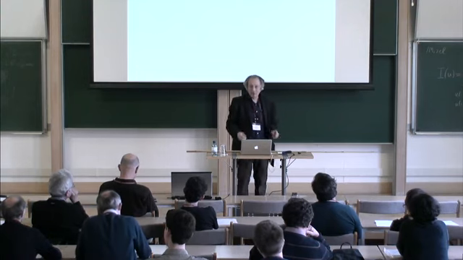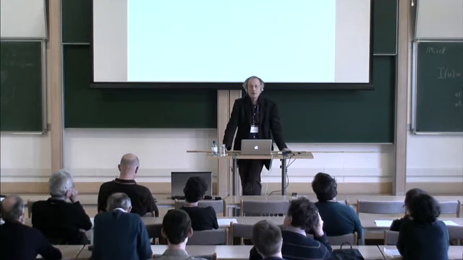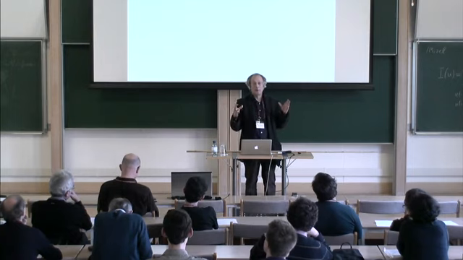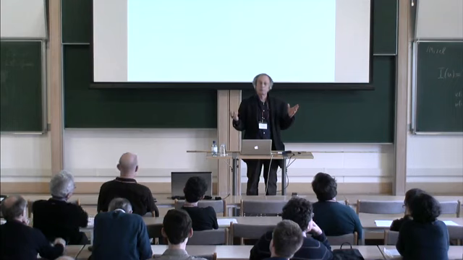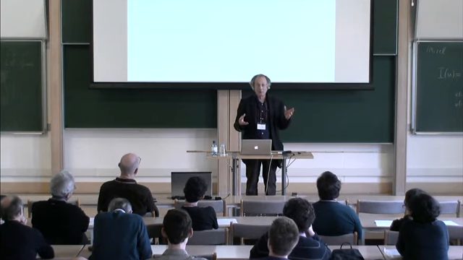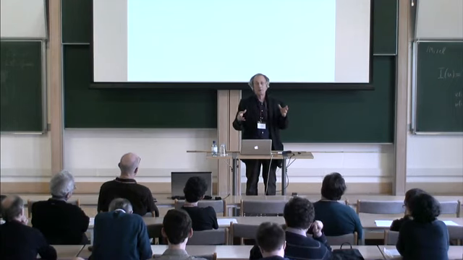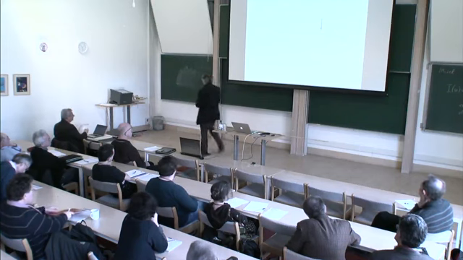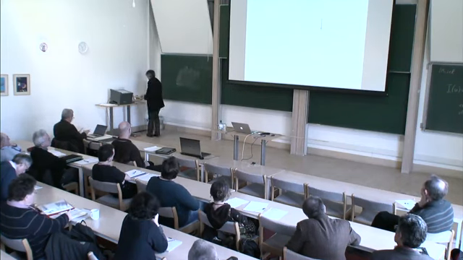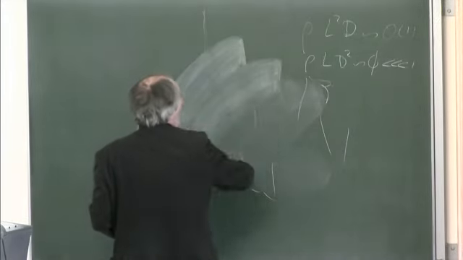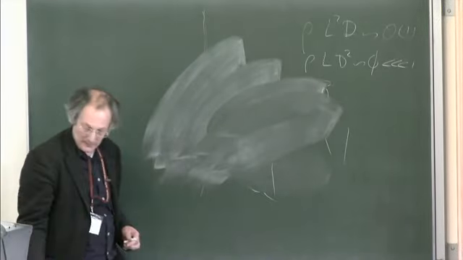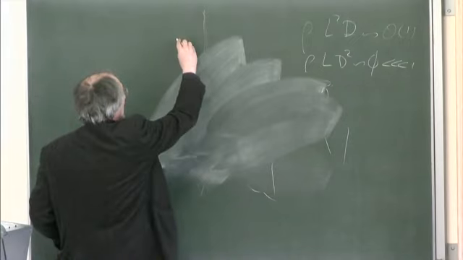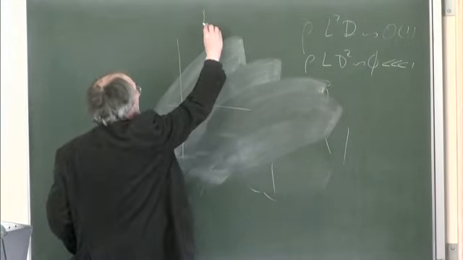Now, you can get exactly the same transition if you take particles, and in this case we think of colloidal particles with a short range attraction. If that attraction has a short enough range, then, and again I'll make a sketch here. So you have particles with an interaction potential that looks like this.